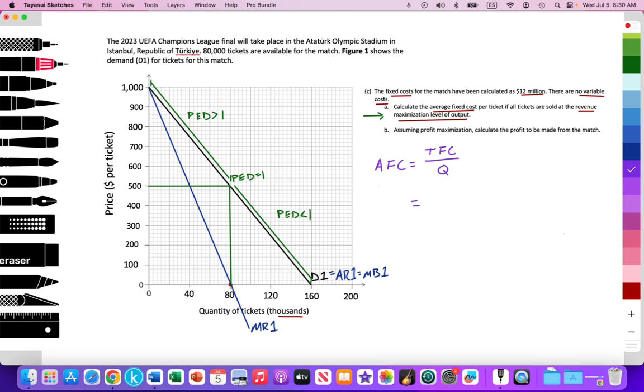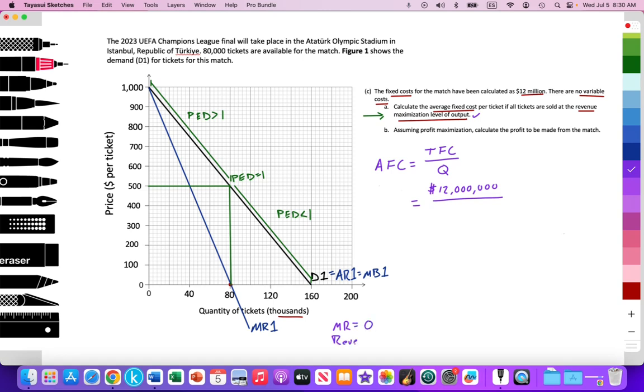Since the total fixed costs are 12 million, we're going to plug that in. So we have 12 million divided by the quantity of output at revenue maximization. Revenue maximization occurs where MR equals 0.